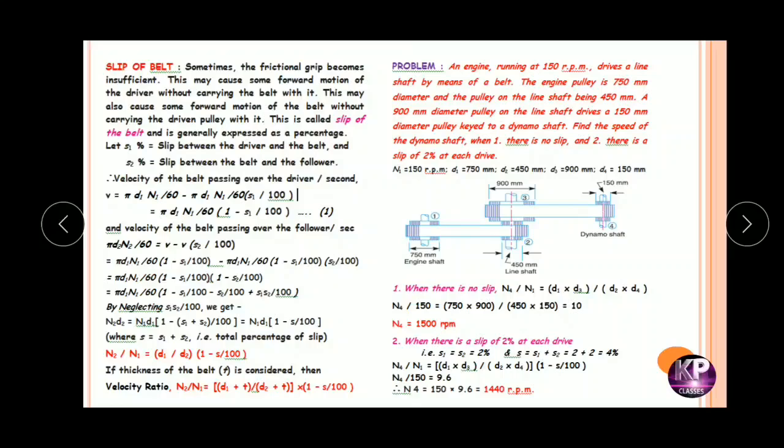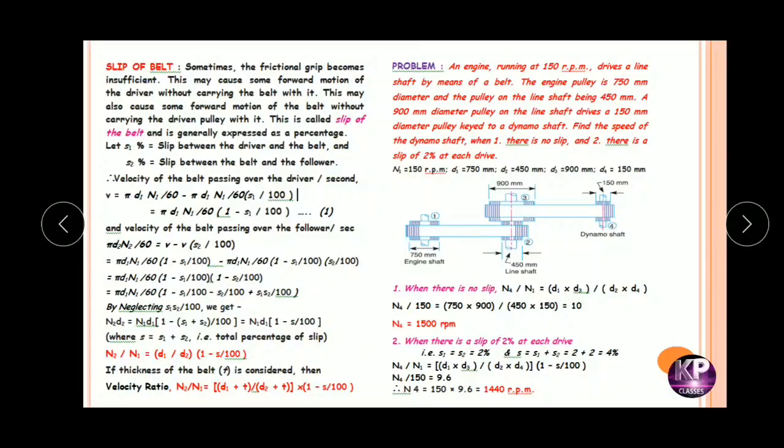Due to slip, the velocities of the belt and the pulley are not the same. As a result, the belt moves at a slower rate.